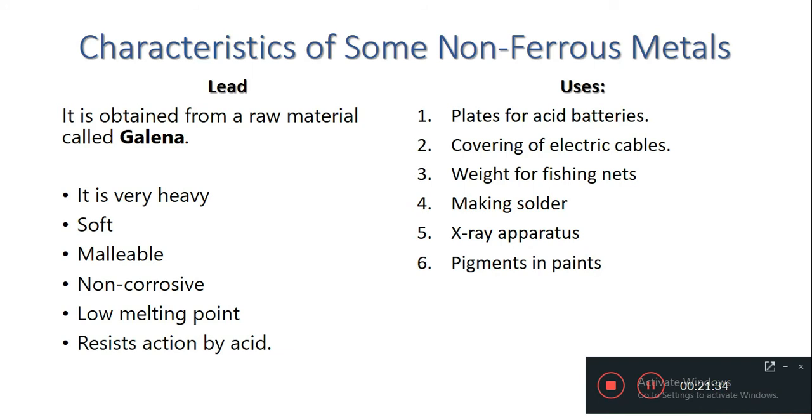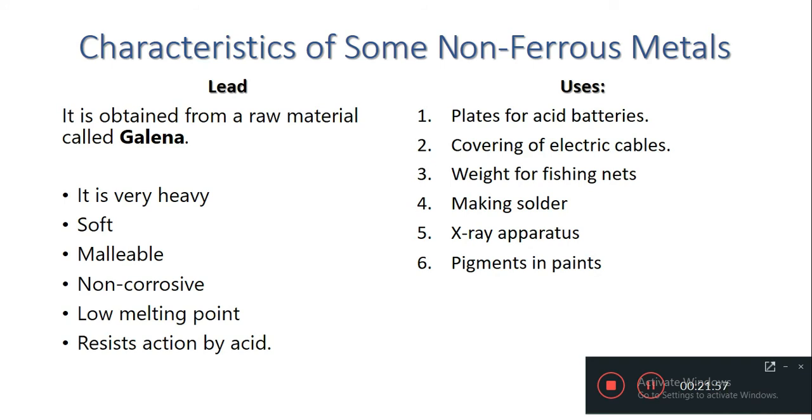Uses of lead. We say that we use lead in making plates for acid batteries. Yes, if you remember, I mentioned that lead has a property which is non-corrosive and does not react to acid.